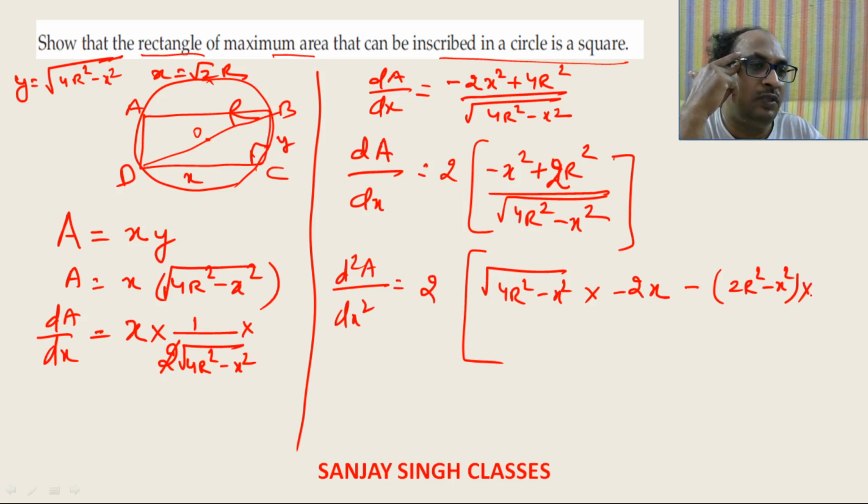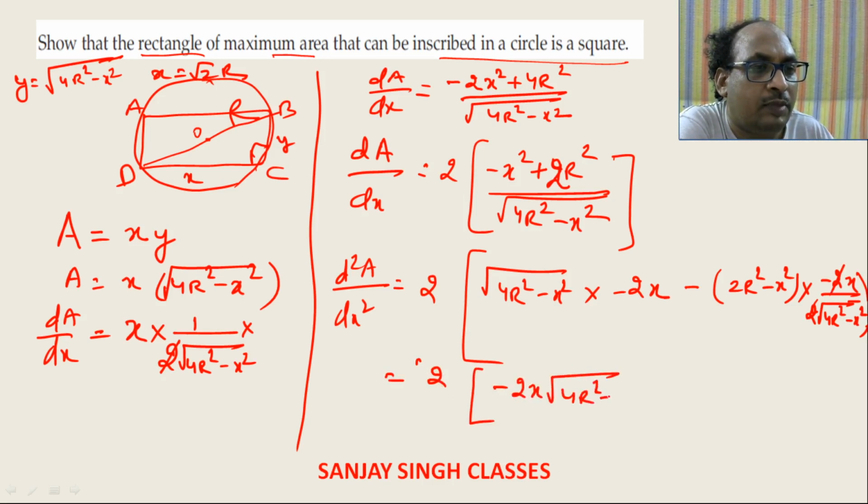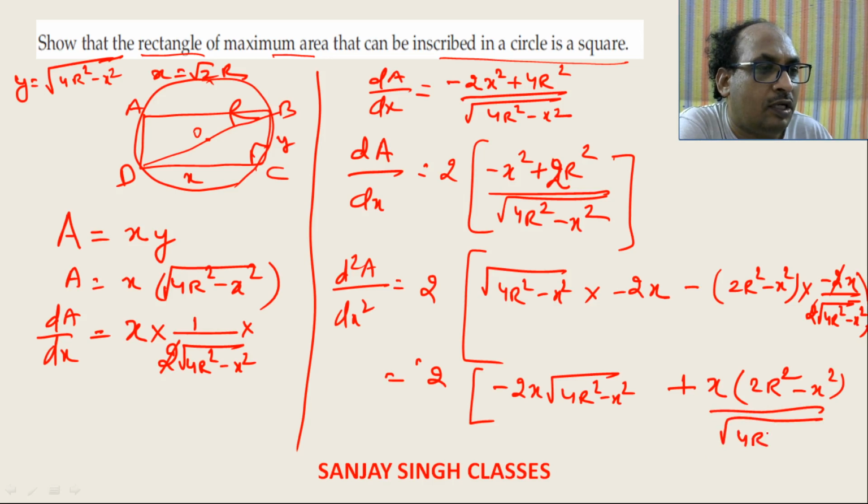So it will be giving us minus 2x divided by 2 whole root 4r square minus x square. So this 2 will get cancelled, and here we are getting 2, so minus 2x whole root 4r square minus x square, and here we are getting minus x square plus 4r square. So minus and minus will make it plus, minus x square divided by whole root 4r square minus x square.